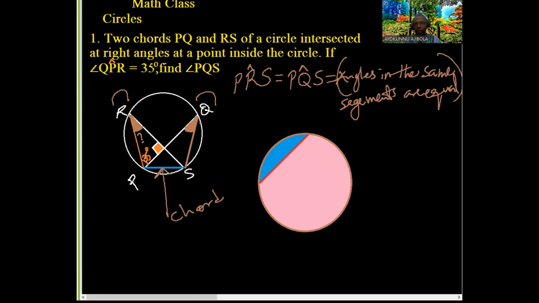So if that chord subtends an angle at this spot, and the same chord still subtends another angle, provided that it's touching the circumference.